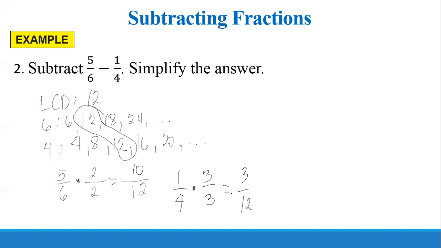And then subtract now the fractions. So 10/12 minus 3/12, and this is now equal to 7/12. So this is now in simplest form. So this is now the answer. Alright, so that is on how to subtract fractions. Pareho lang sila ni addition.